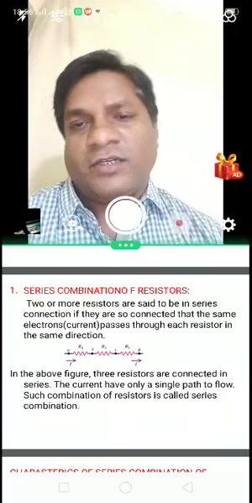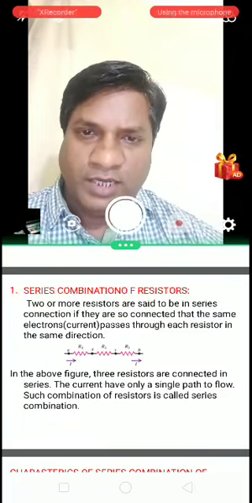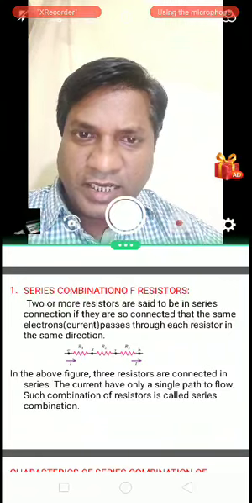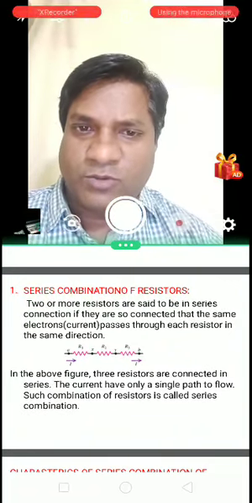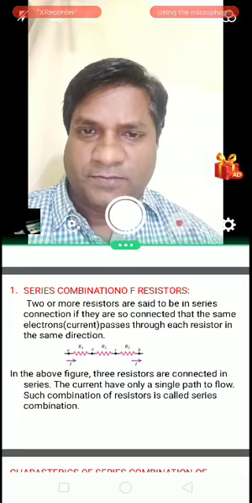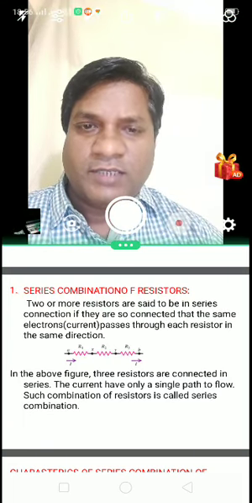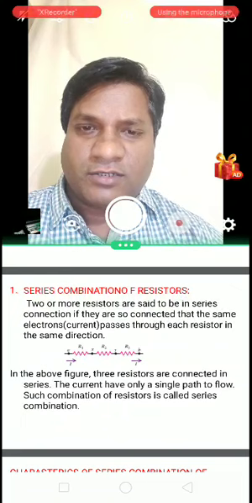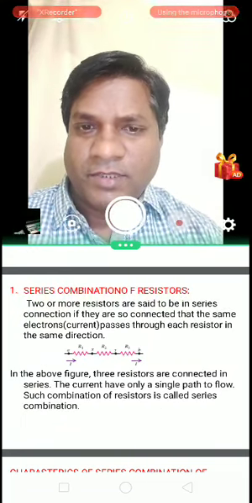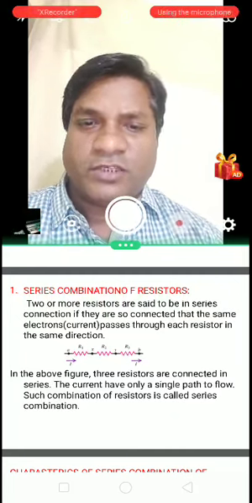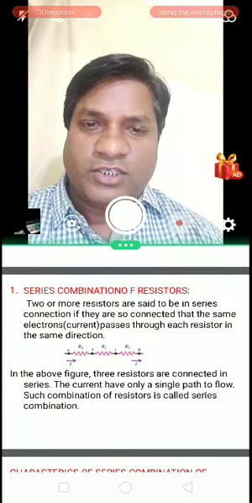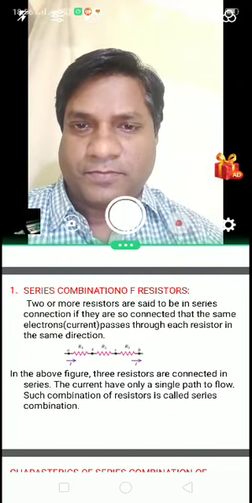Whichever electrons enter R1 have no other path to pass, so they have to pass through R2 and then through R3. In this figure, these three resistors are connected in series. The current has only a single path to flow. Such a combination of resistors is called a series combination.